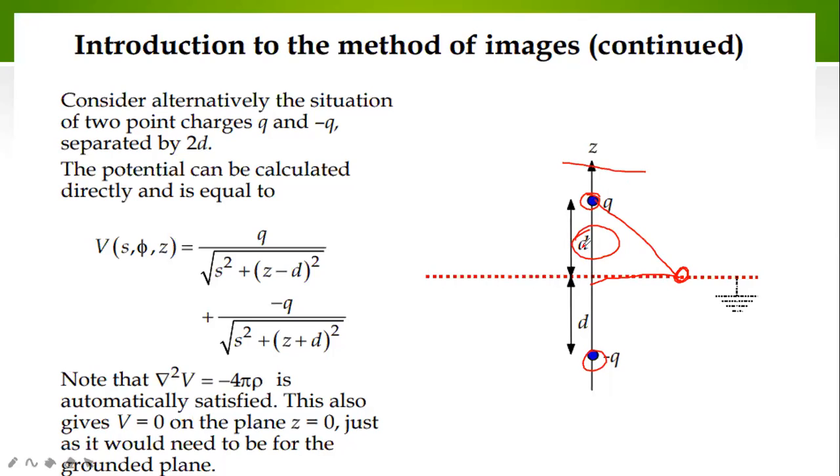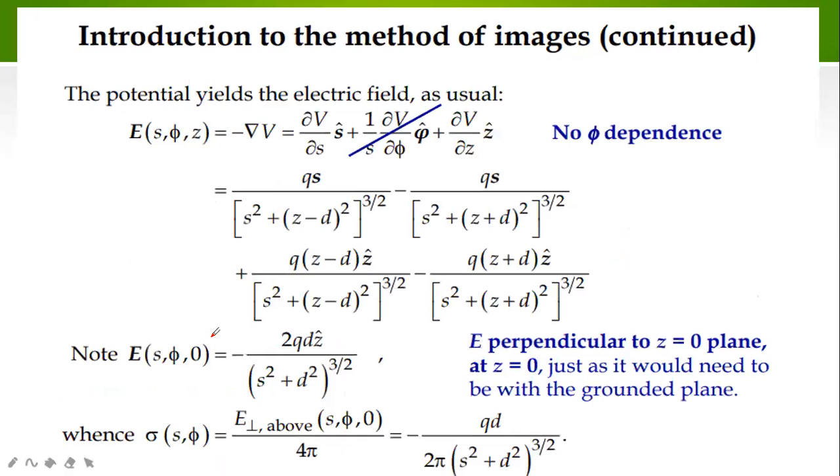What will this distance be? z minus d, obviously. If we put this as s, it will be the square root of s square plus d square. For the negative charge, we can write this. When we do examples, you will get to know how we can solve these types of problems.